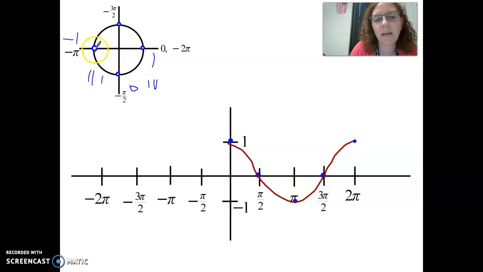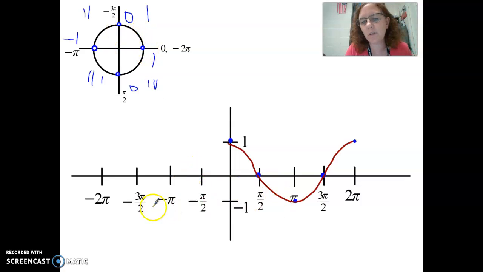And my cosine values here are all negative because the x-axis is negative. Here in the second quadrant, I'm going to move from -1 to 0. All my x values are going to be negative, but now I'm going to be moving towards 0. And then back to the first quadrant, I'm going to go from 0 to 1, and my values are going to be positive.